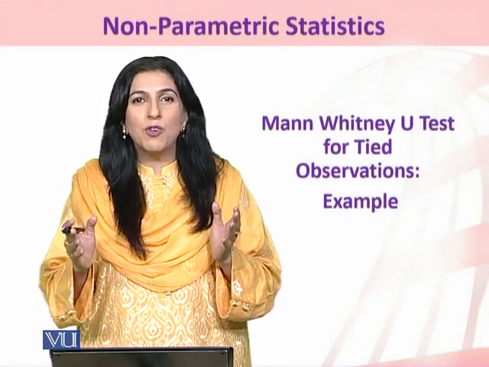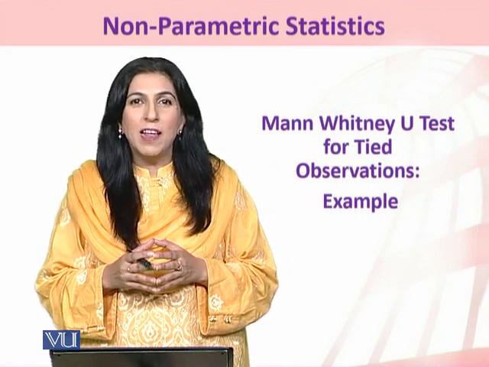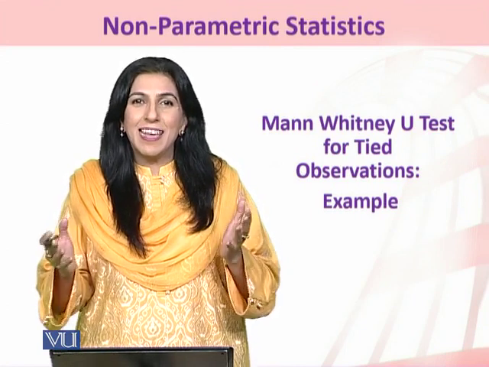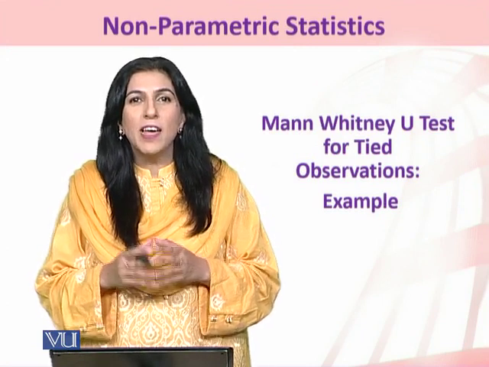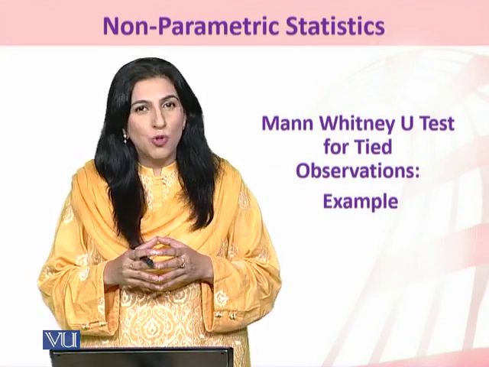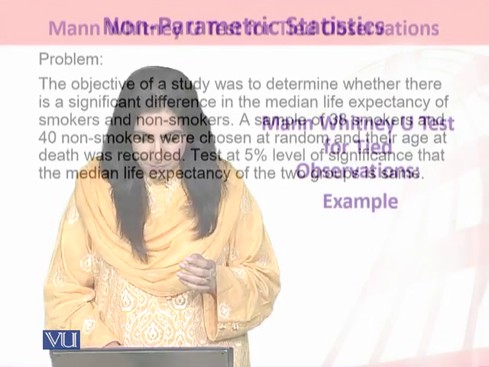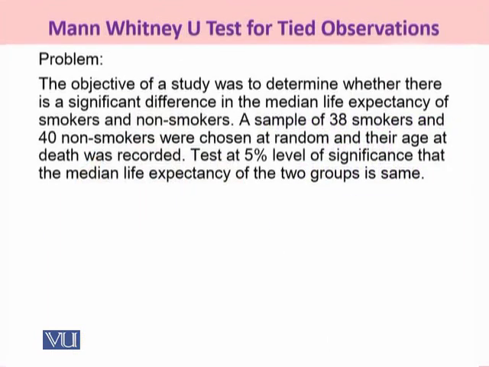So I would be giving you an example through which you would see the demonstration of testing a hypothesis about equality of two location parameters. I'm taking a real life problem. The objective of the study was to determine whether there is a significant difference in the median life expectancy of smokers and non-smokers.